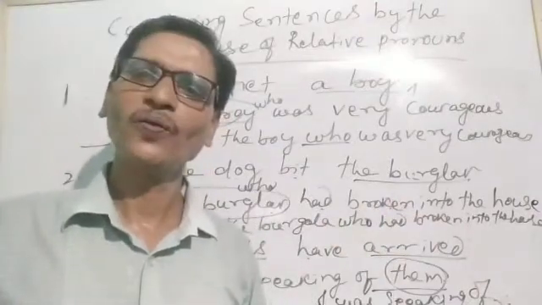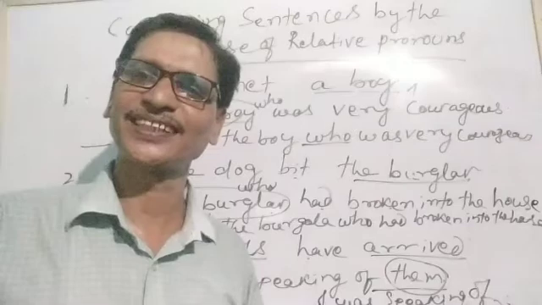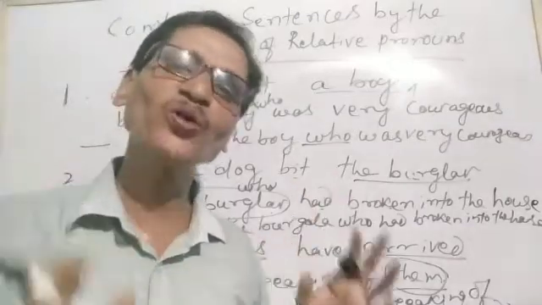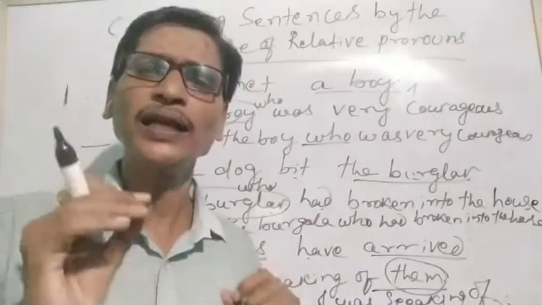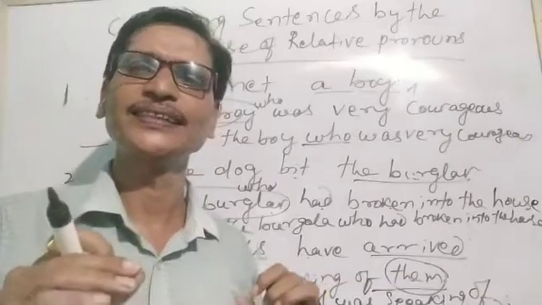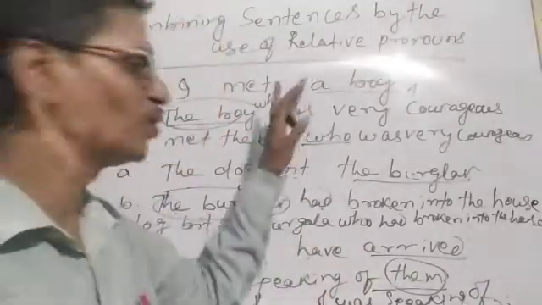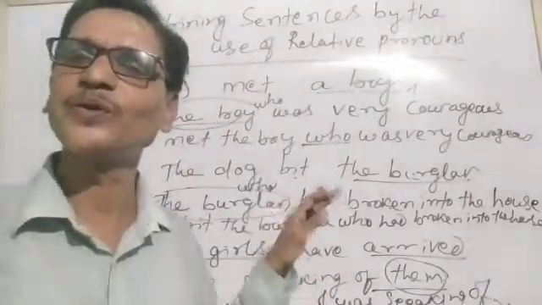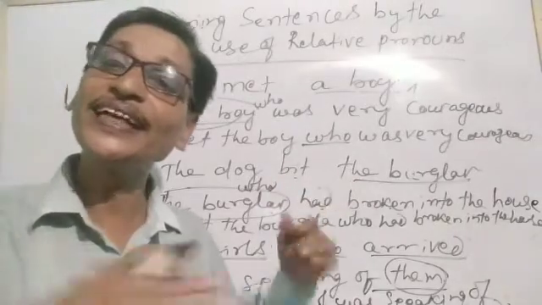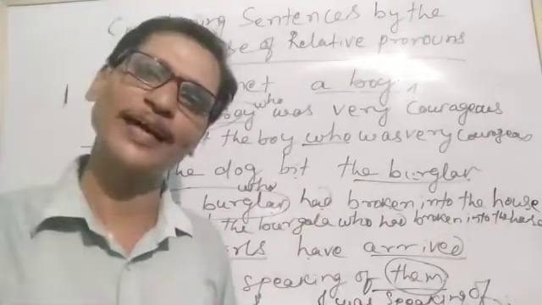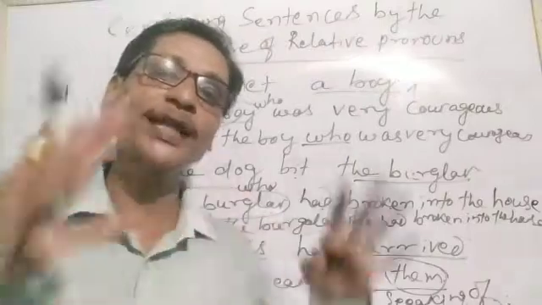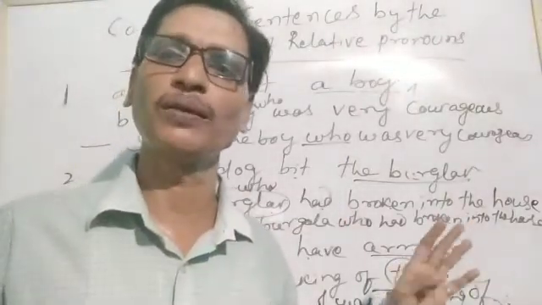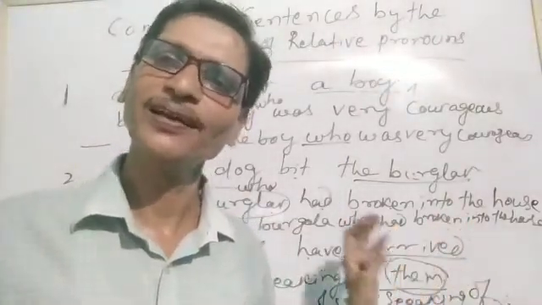We will discuss the exercise to understand the use of who and whom as relative pronouns, and we will have a clear understanding and more confidence about them. For today, only this much.